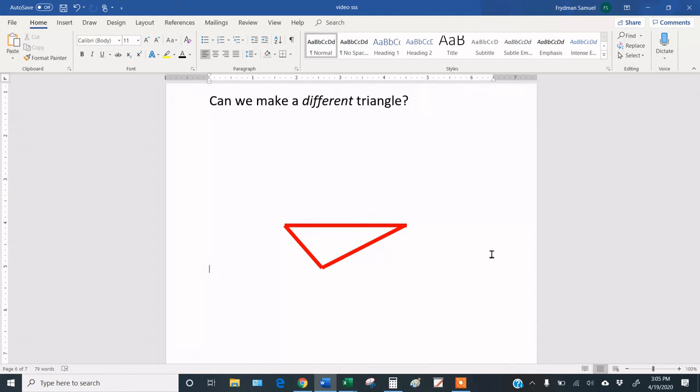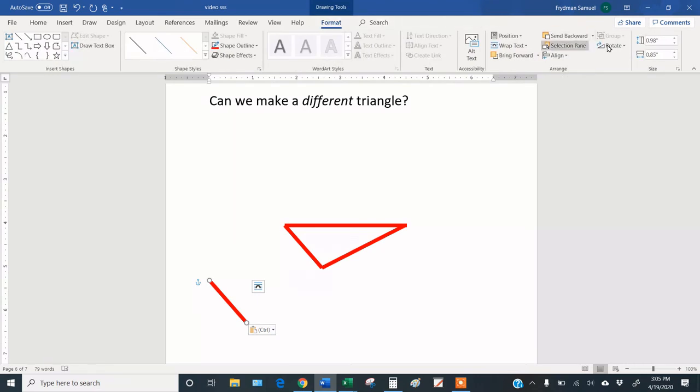So is that it? Was I successful? Was I able to make a different triangle? Well, unfortunately, the answer is no. And here's why. This triangle that I just made is actually just the old triangle upside down. In other words, let me go ahead and construct the old triangle again.